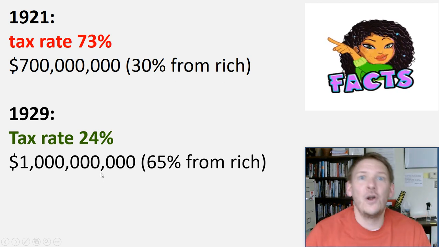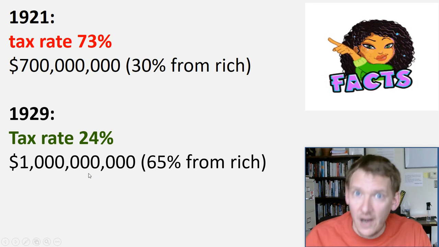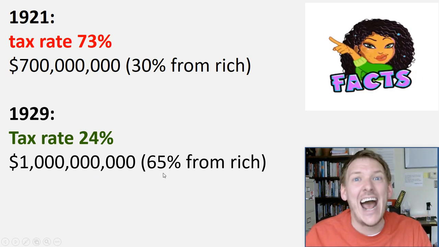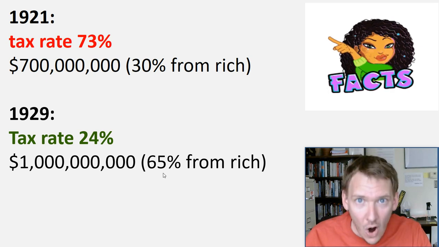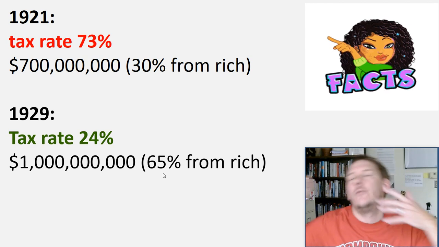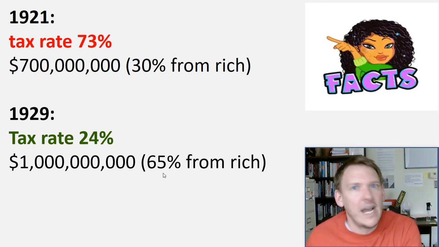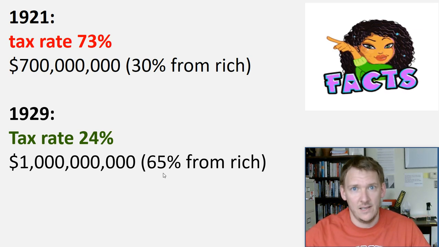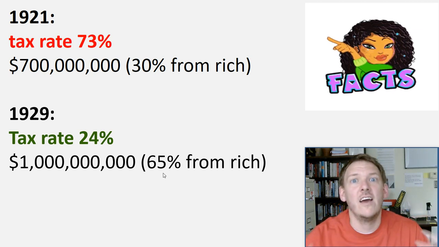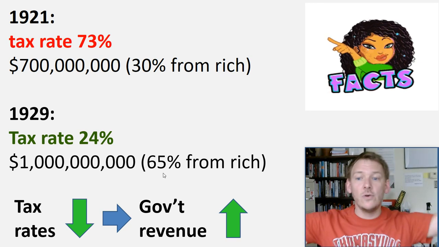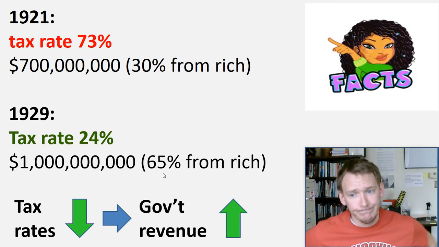When you lower the taxes on the rich, revenue goes up and the rich actually pay more, because before you couldn't tax their income. It was hidden in municipal bonds or tax shelters. Now they're spending it. They're investing it, and the government has access to it. Lower the tax rate, government revenue increases.